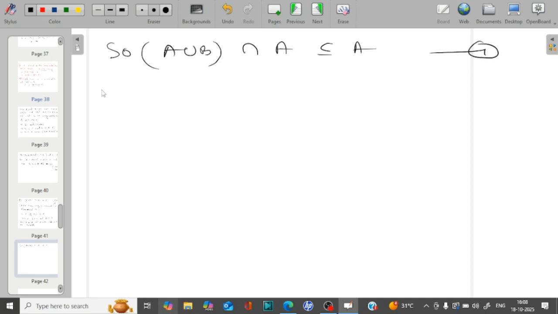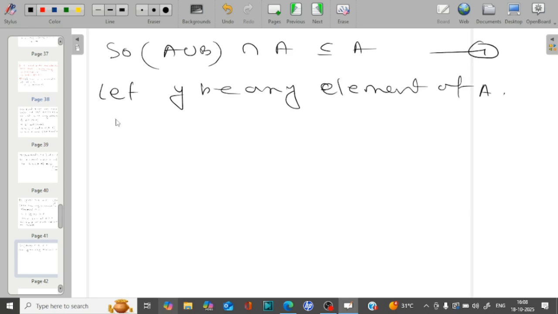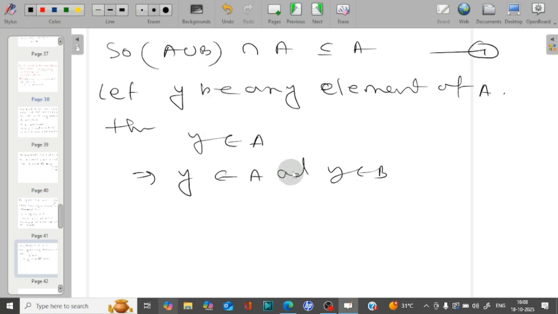This is condition number 1, and let Y be any element of A. Then Y belongs to A implies that Y belongs to A or Y belongs to B. We can write it like this, Y belongs to B and Y belongs to A, okay.